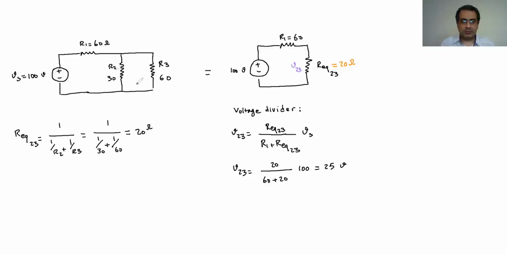The voltage in the original one is the same as the voltage in the equivalent one. So I can say the voltage here, also V2 is equal to V23 and is 25. And V3 is the same as V23 and it is 25.